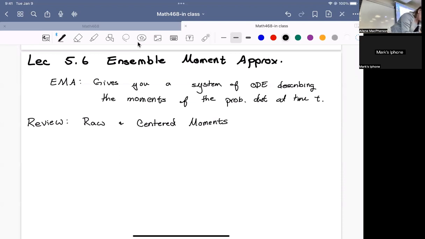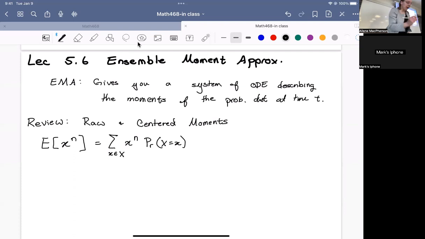The definition of the nth raw moment is that if we have a random variable x and we take the nth power of it, and then we take the expectation of it, this is the sum over all the values of x in our sample space, x to the n times the probability that x is equal to x. This is our nth raw moment.